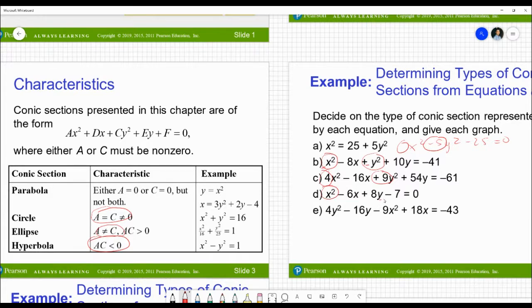So if you have only x squared or only y squared, you're going to have a parabola. So this is parabola, this is ellipse, this is circle, and this is hyperbola. Okay, so here you have y squared. Here you have x squared, but this is negative, so we have another hyperbola here.